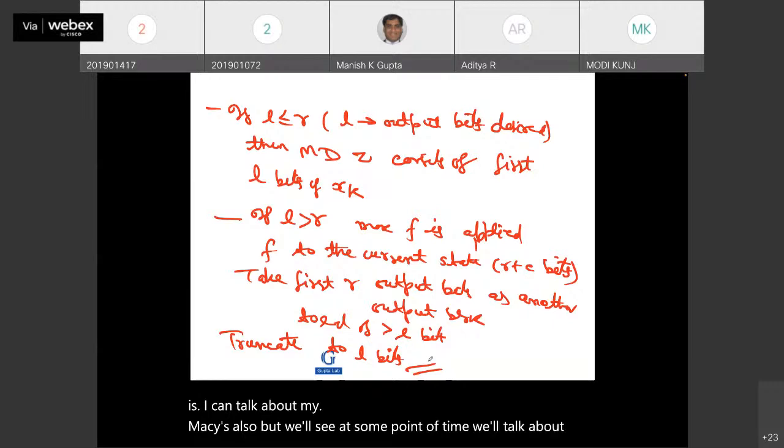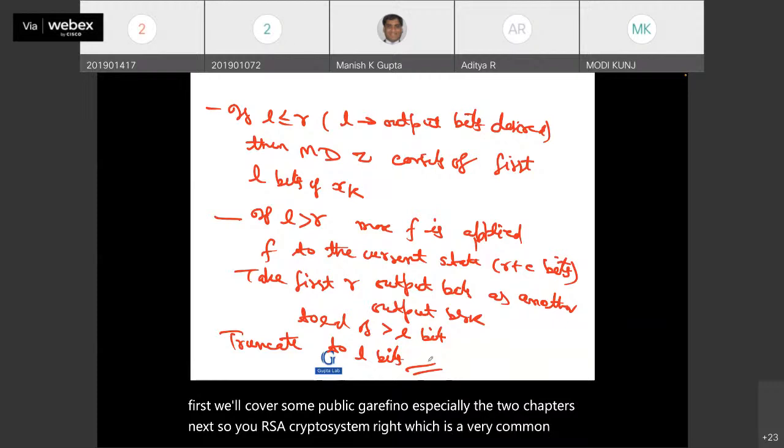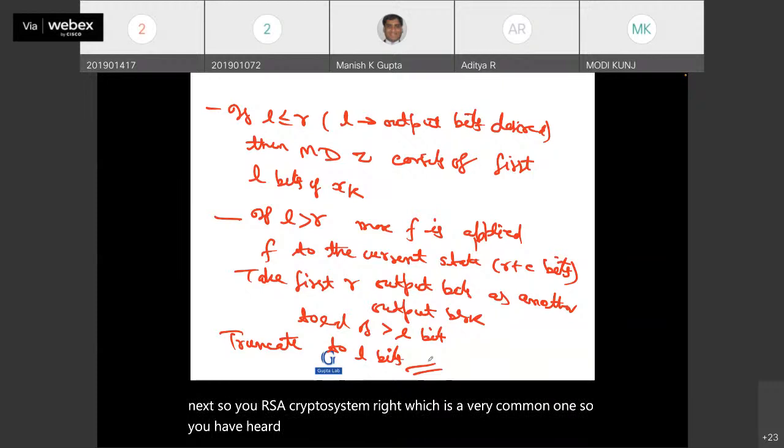So first, we will cover some public key cryptography now, especially the next two chapters. You know the RSA crypto system, right, which is a very common one. You have heard about it in your discrete math class. We are going to look at more details about the RSA crypto system and some of the possible attacks. Similarly, on the discrete log problem, what are the possibilities?